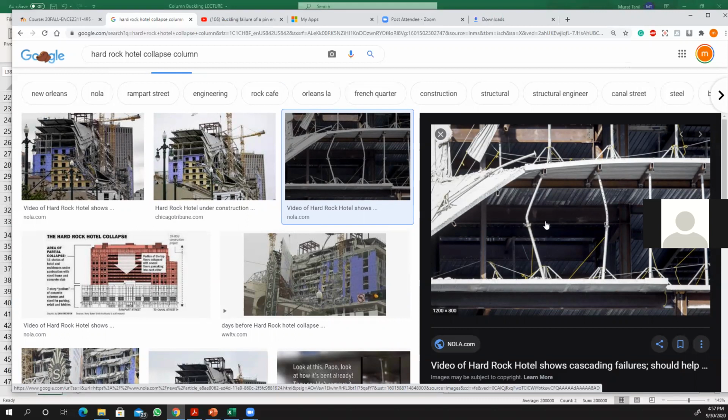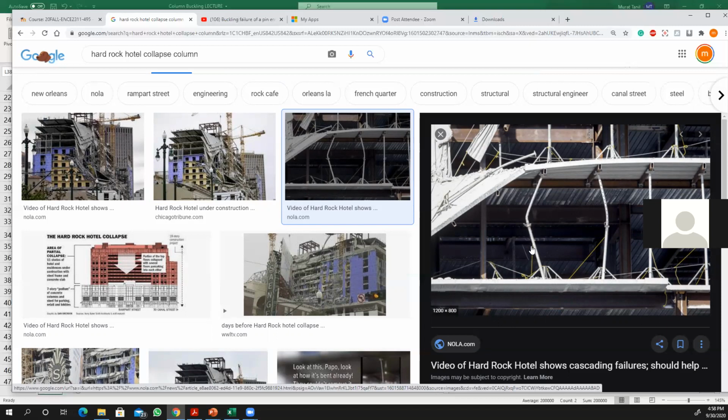So the mistake was they didn't provide enough shoring, enough columns, right? They didn't distribute the applied load evenly to the columns. In this case, changing the length is impossible because you already know the height of each story.